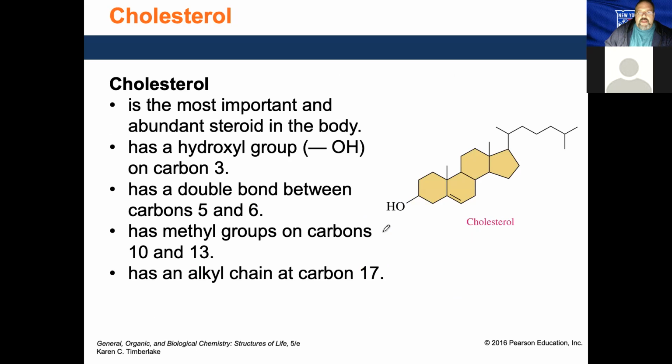One of the most important steroids is cholesterol. All right. The biggest thing about cholesterol is that it's classified as a sterol. The reason why it's classified as a sterol is because of the OH group that's attached to the A ring. I know it says carbon 3, but it's attached to the A ring.